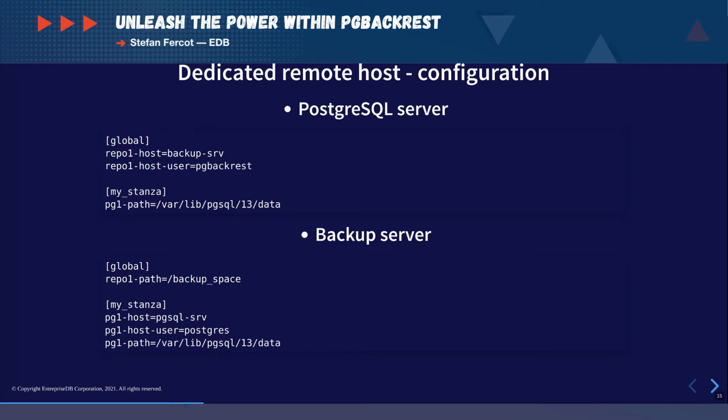To be able to communicate with Postgres, we need to know where it is located. So what's our Postgres host? Here I named it pgSQL server. And which host user do we use to connect through SSH? So that's always the same thing. First the global section is where do we store our backups, and the Stanza section where our Postgres lives.